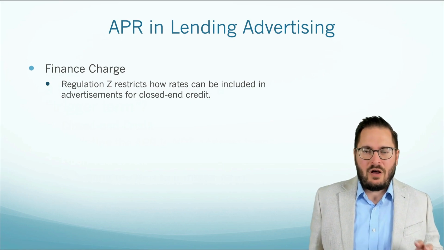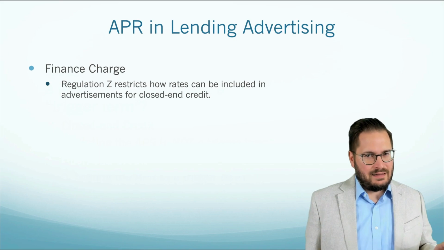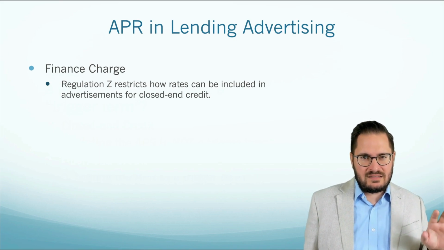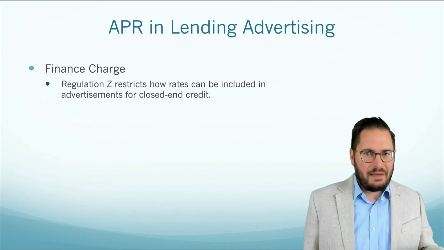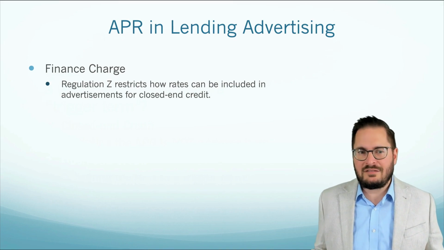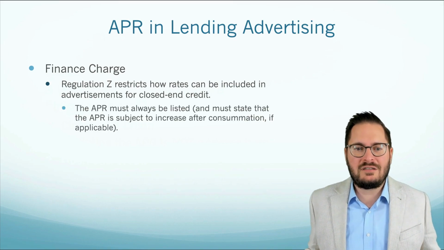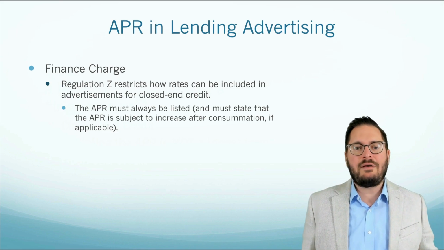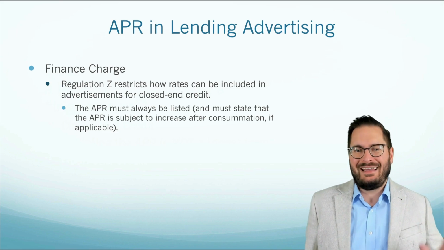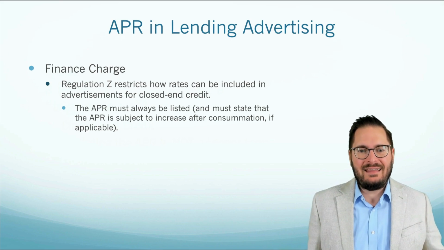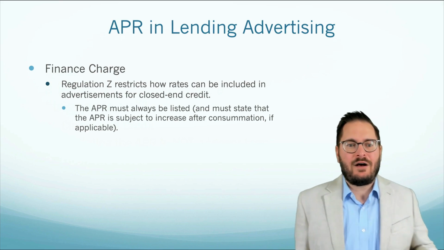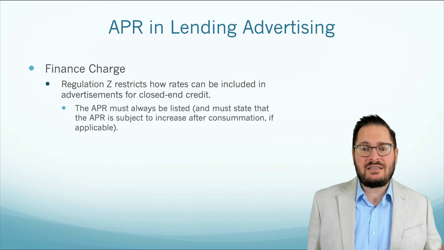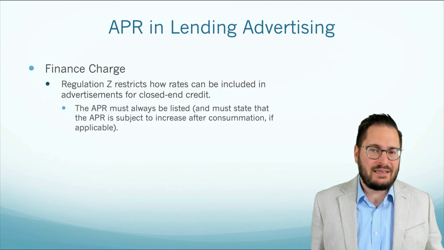So can we just list the simple interest rate, the base rate, or do we have to list the APR? Well, what Regulation Z tells us in the closed-end credit rules is the APR must always be listed, and you must state that the APR is subject to increase after consummation if that applies.